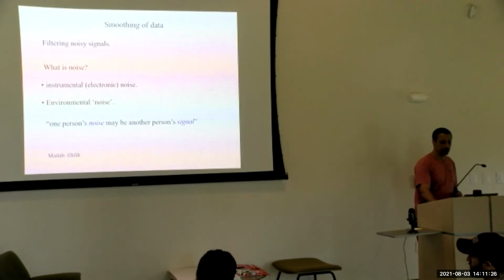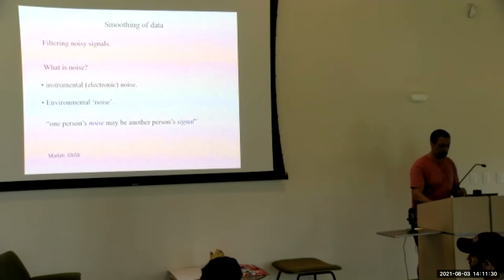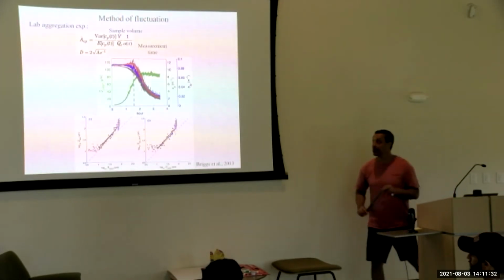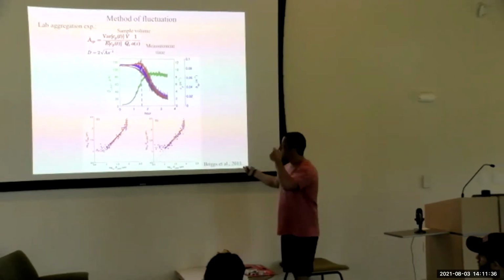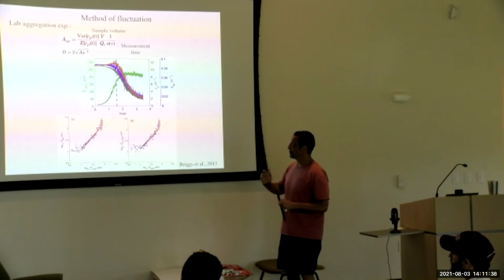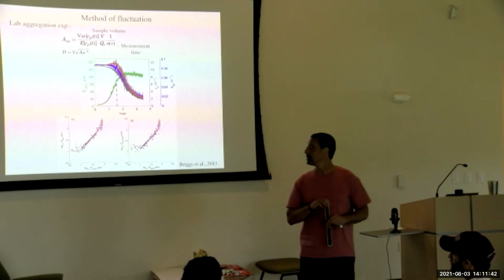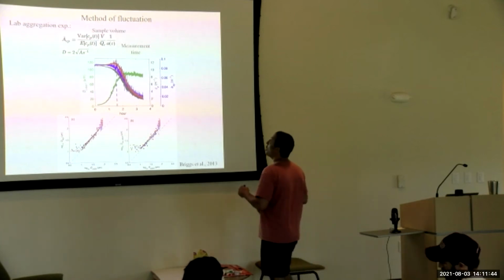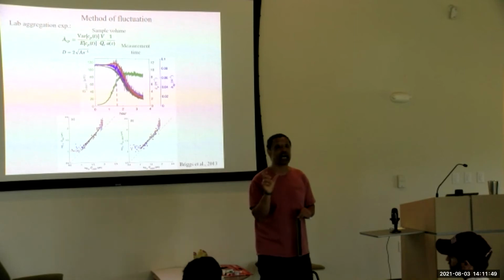And I'll give you an example here. I use this as a way to smooth data, just so those of you who use MATLAB. So this is a method that Nathan Briggs has perfected, but goes back in history to Shifrin in Russia, and it's in his book, using fluctuation in the signals to tell you something about the size of particles.